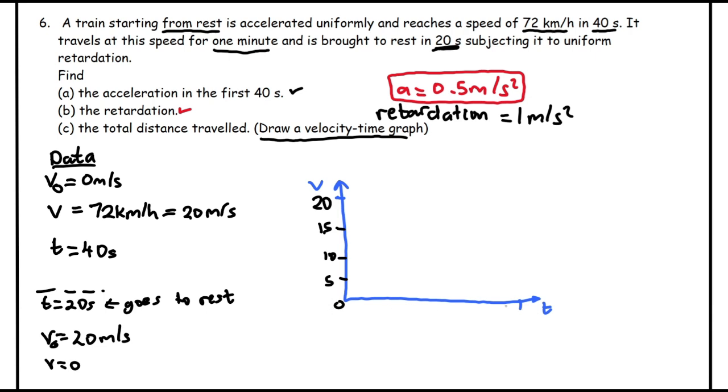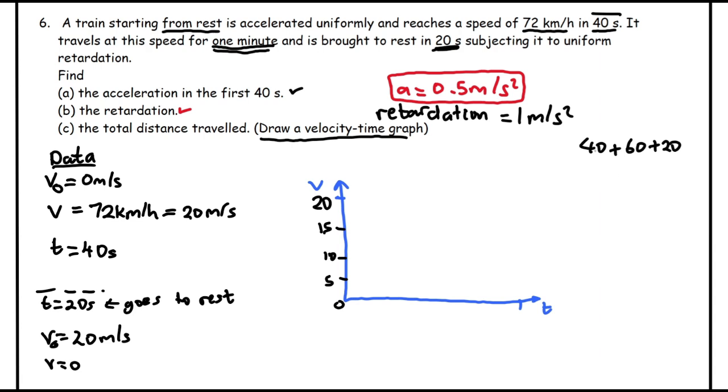And for the maximum amount of time, let's add up the times that we have. The first one is 40 seconds, plus we are also told that the train travels at this speed for 1 minute, which is 60 seconds, plus a final 20 seconds for retardation.